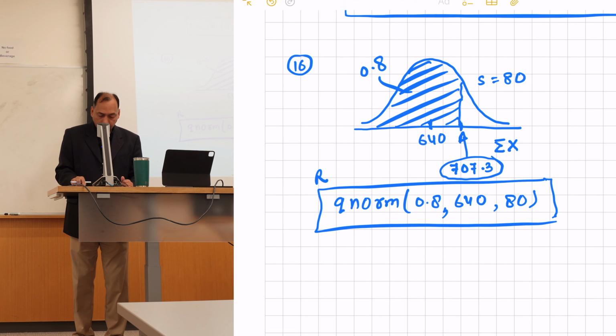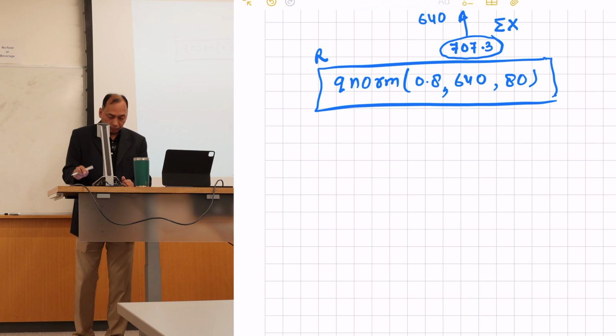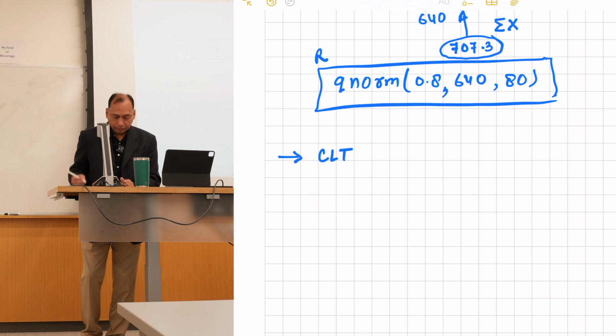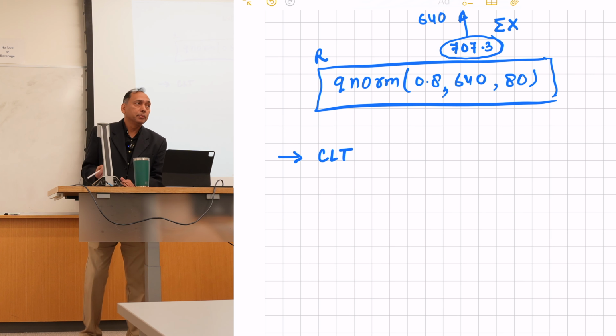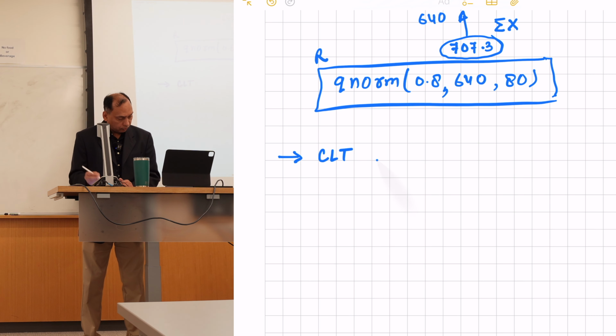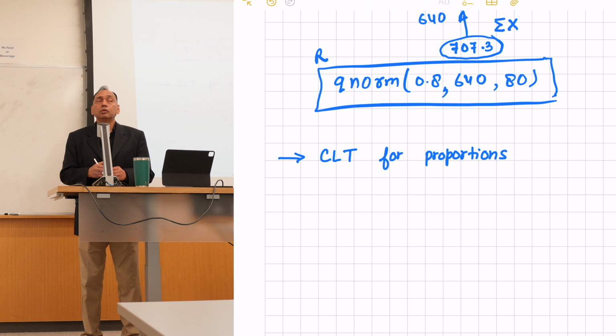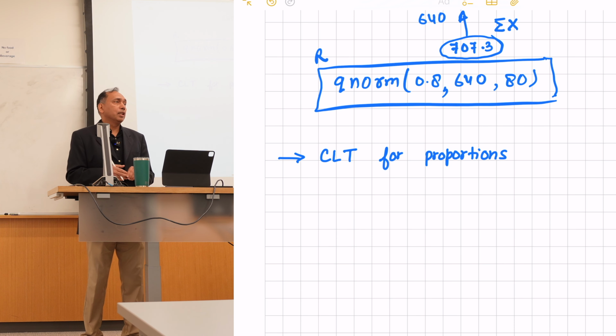Now, one last thing from this chapter is a situation where we apply Central Limit Theorem, CLT, to proportions. So CLT for proportions. There are some situations where your data is binomial, but you can still make use of normal distribution.